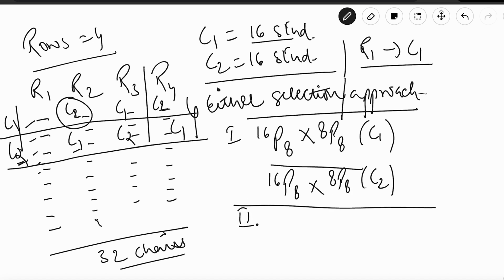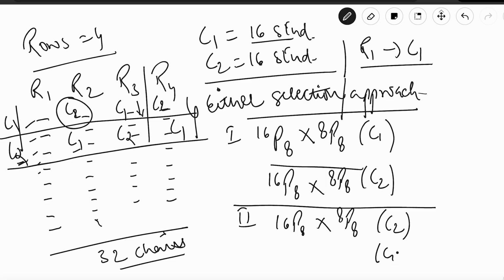Now for the second approach, we need to seat class 2 at row 1. So again we first select 8 students out of 16 and then arrange them in row 1. So 16P8, and then the remaining 8 students are to be seated in row number 3. So it is 8P8. This is for class 2.